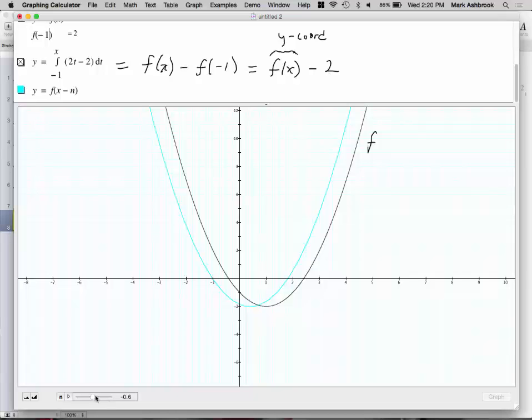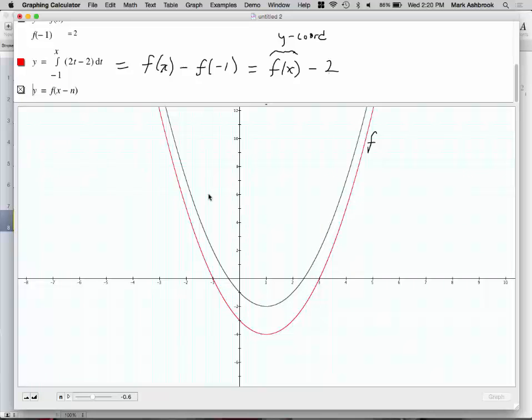So this is not correct. Yes, it has the right starting point of accumulation, -1, 0, but it's not right. Why? Because this has a different rate profile than this one. We need the same rate, but starting at -1, 0. So we'll turn it on, and I'll turn this one off.